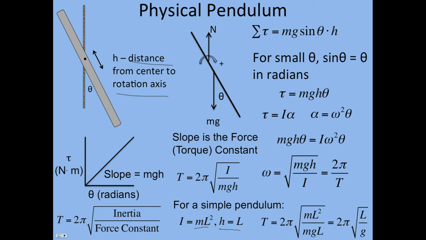And so I can put in m L squared and m g L instead of mgh into this equation, and the m's go and one of the L's go, and we get the same thing we got from our other treatment of a simple pendulum. And you can also do it using this same argument.